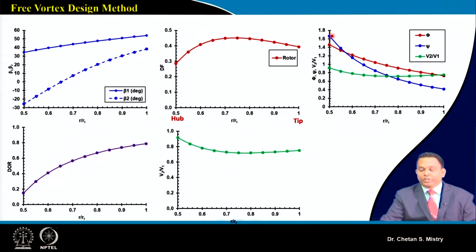This is representing my psi parameter. Now in this calculation we have no other controls. It is simply satisfying our radial equilibrium, which gives us an idea about the axial velocity and how my swirl component is varying.